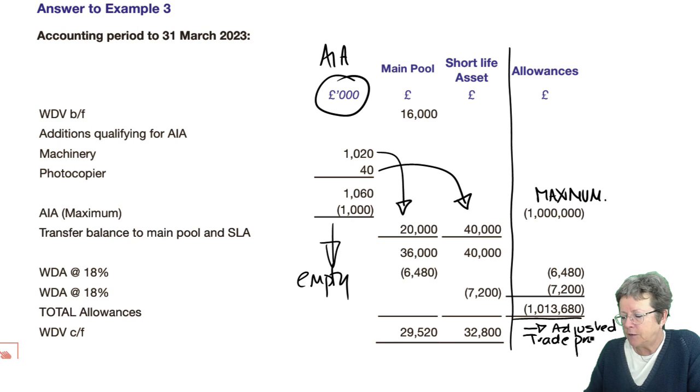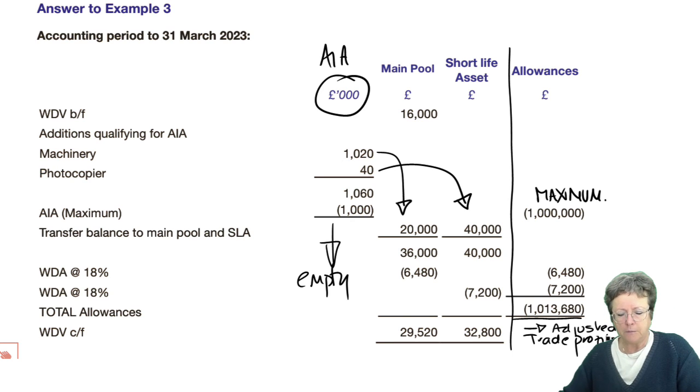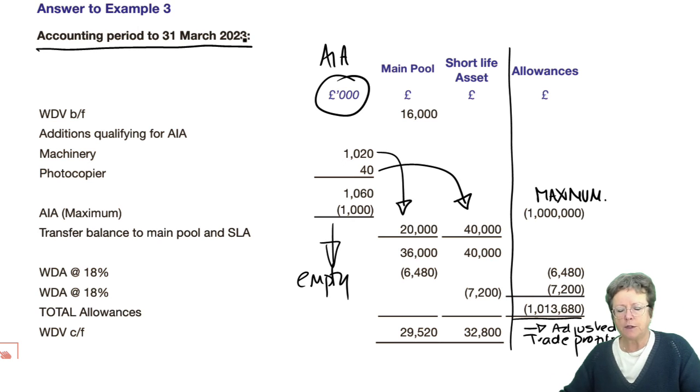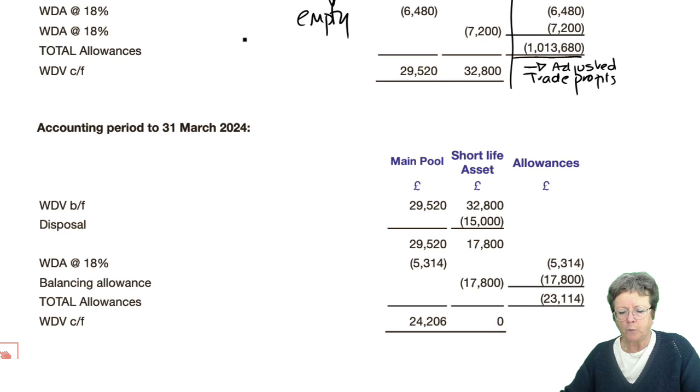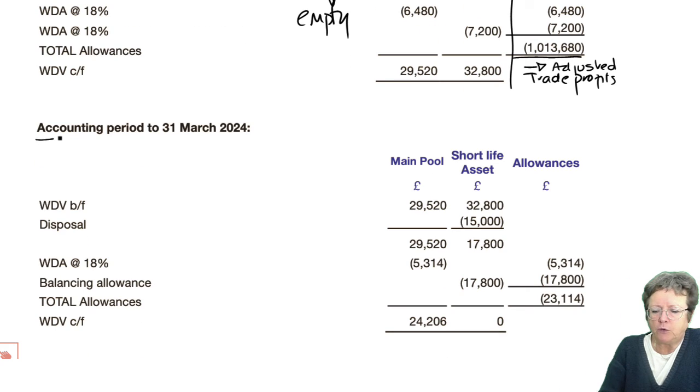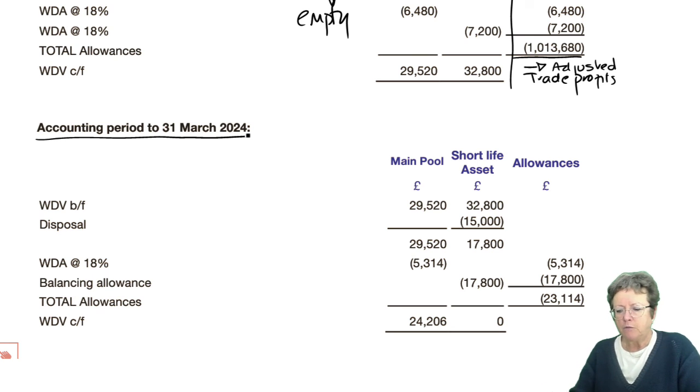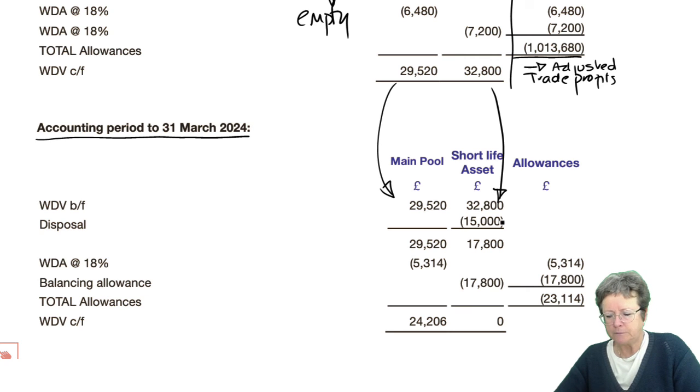and is deducted, hence the brackets, and we have some balance carried down figures, because we were asked to do it twice, weren't we? March 23 and March 24. Main headings. Written down allowance, you notice those figures have been copied nice and neat down to the next one. Now the short life asset has been sold for £15,000.